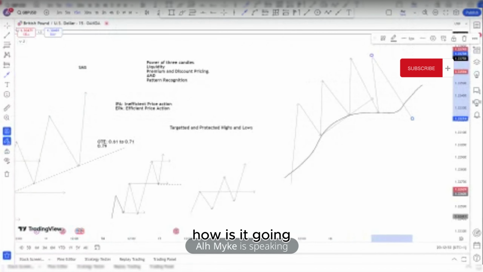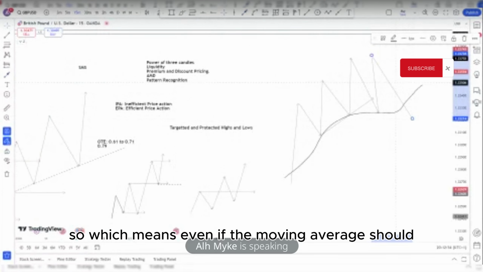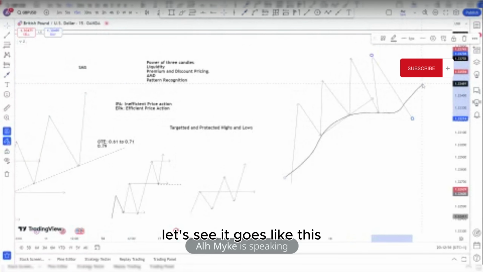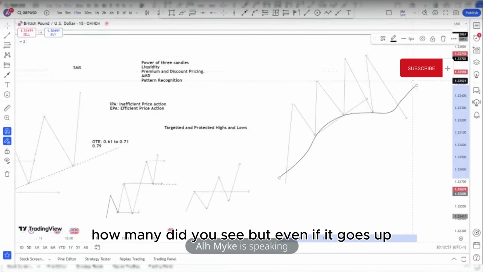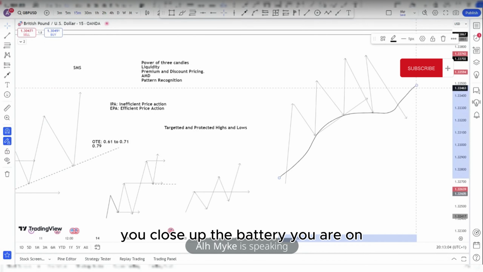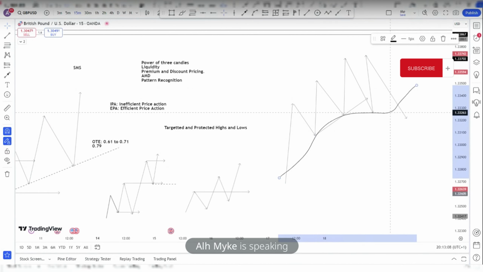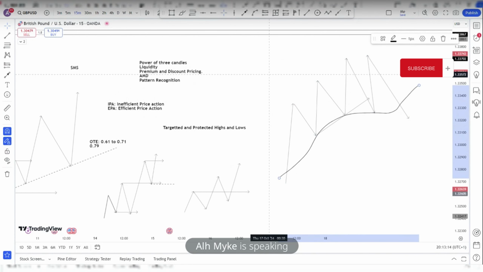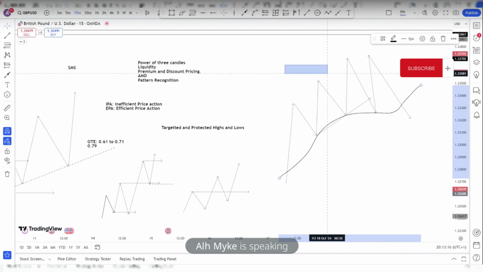Are we together? Even if the moving average goes up a bit, once price comes below the moving average, you close whatever trade you are on. Now there's a liquidity line along this moving average. That is why it is known as dynamic liquidity, because it isn't static. It moves. I hope that makes sense.